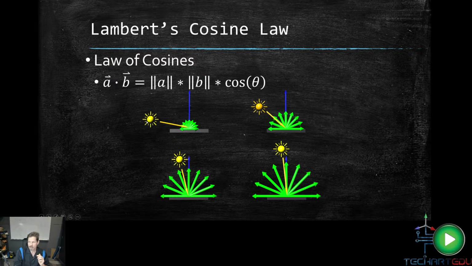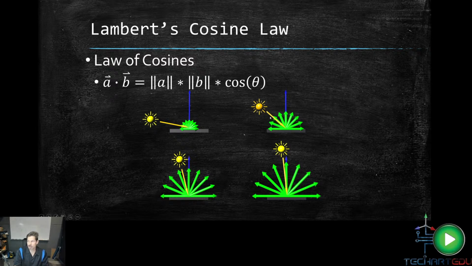Because the light source is almost perpendicular to the normal, the cosine is small. The cosine of 0 degrees is 1, and the cosine of 90 degrees is 0. That's what's going on here. The angle between the light and the surface normal is 90 degrees, so it's pretty much close to 0, which means you're not going to get much light.